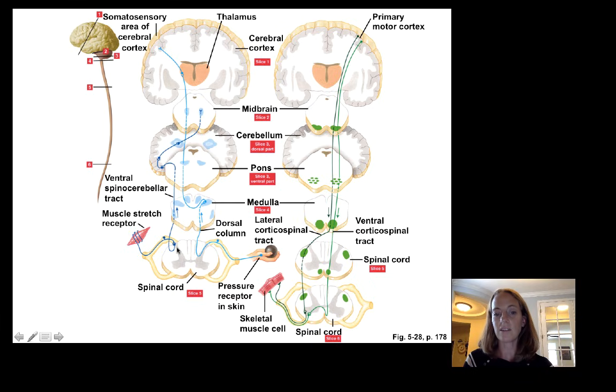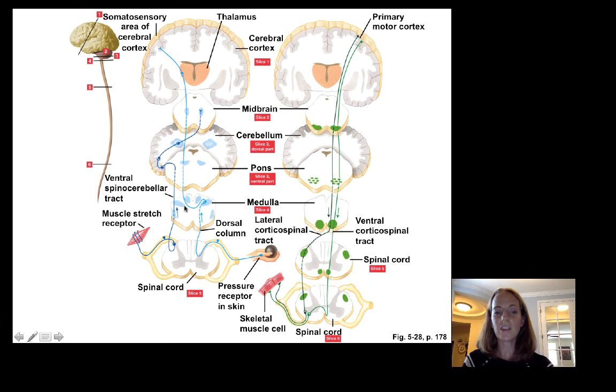That information is then traveling up the spinal cord, through the brainstem, to the cerebellum, or up the spinal cord, through the brainstem, and then up to the thalamus, to the cerebral cortex. So now you know that this sensory information can be gated by the thalamus, or it can be gated by the brainstem or the medulla.